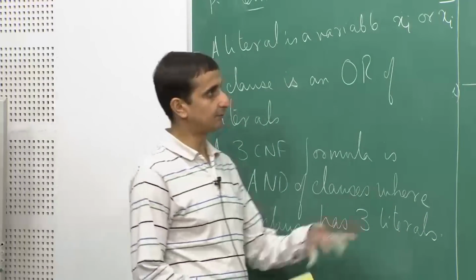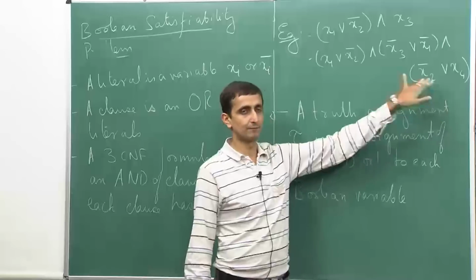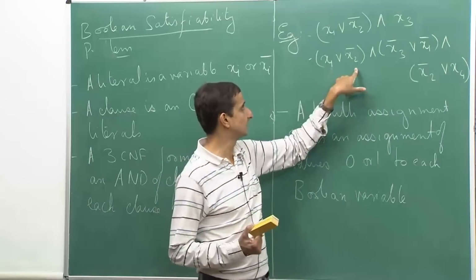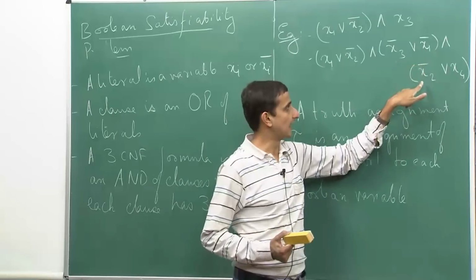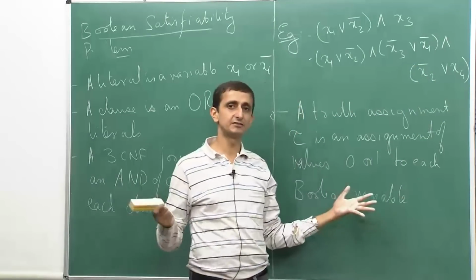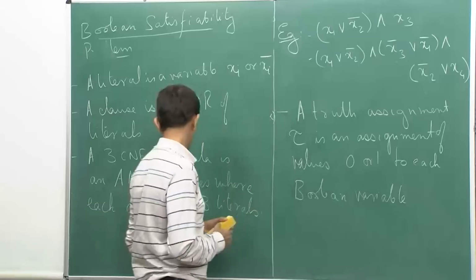For example, this is a 2 CNF formula, because each clause has 2 literals. This one has 2 literals, this one has 2 literals, and the third clause also has 2 literals. Similarly, if I have 3 literals, it is called a 3 CNF formula.